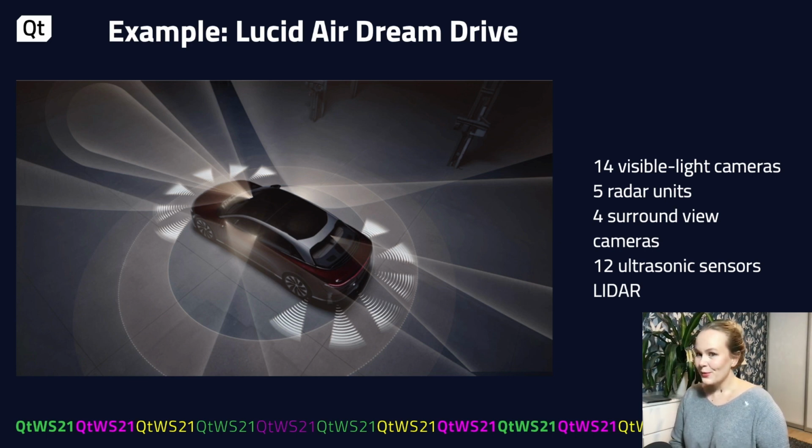And according to their website, the vehicle comes equipped with 12 visible light cameras, 5 radar units, 4 surround view cameras, 12 ultrasonic sensors, and a lidar system, or a light detection and ranging system, on top of that. So just looking at the number of different sensors, the amount of data going through the computer on the back end every single second is quite immense.